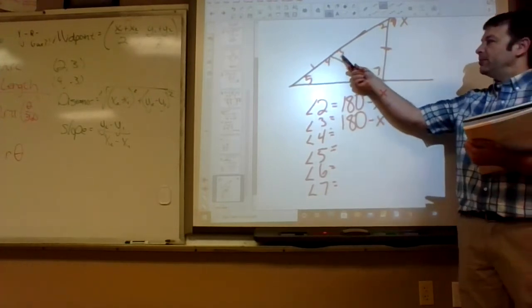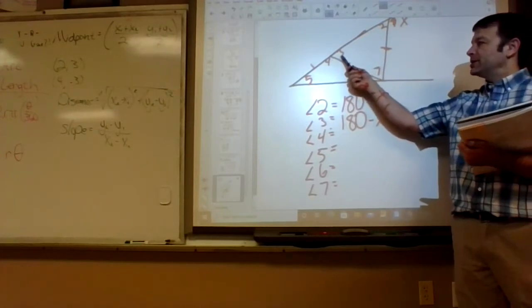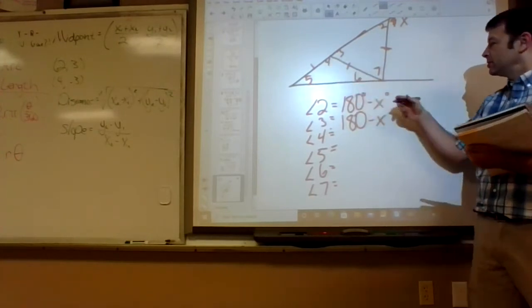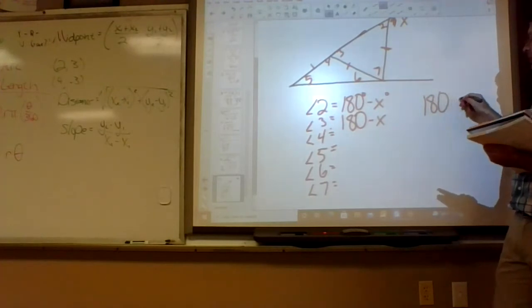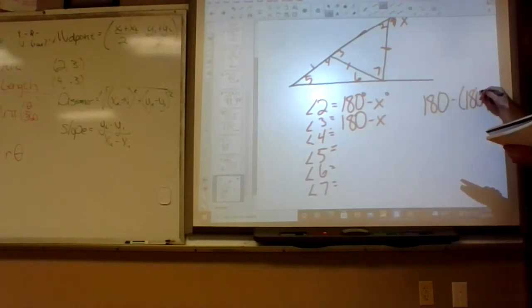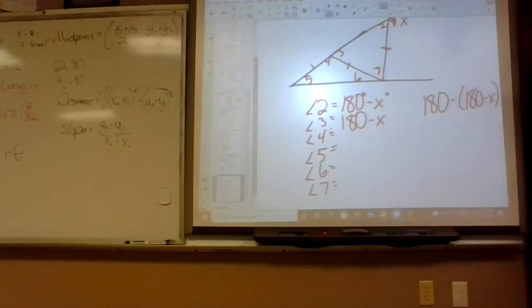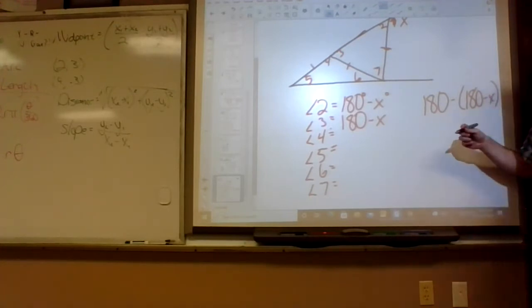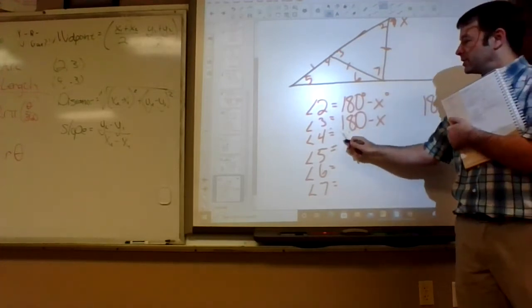So 180 minus this would equal this, right? Yeah. 180 minus 180 minus x would give us that angle. What's 180 minus 180? 0. Minus minus x, positive x. So angle 4 is x degrees.